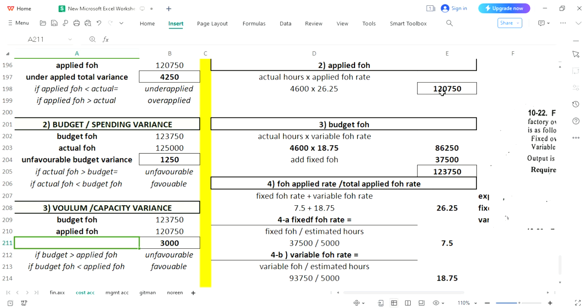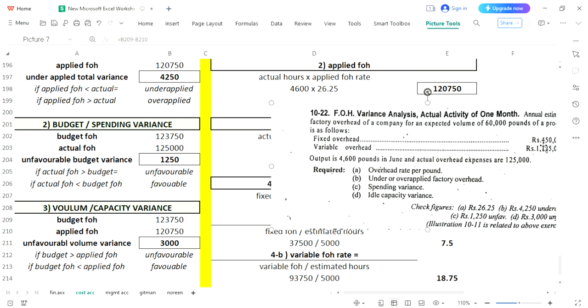For that you will be focusing upon budget. Your budget is 123, applied is 120. It means more budget you have made. It is uncomfortable situation for you, so you will write it as unfavorable volume variance, which is 3000.